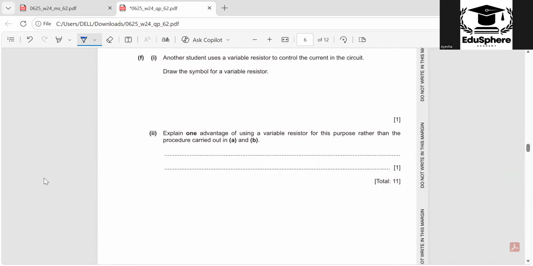Explain one advantage of using the variable resistor for this purpose rather than the procedure carried out in A and B. So what could be the possible advantage? The advantage would be, if we are using a variable resistor, of course, there will be a continuous value of current.